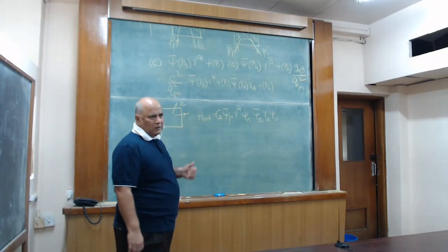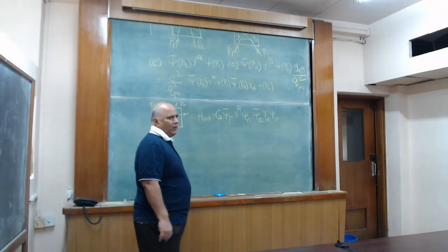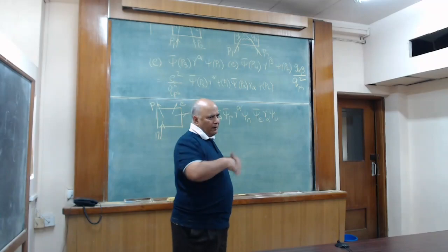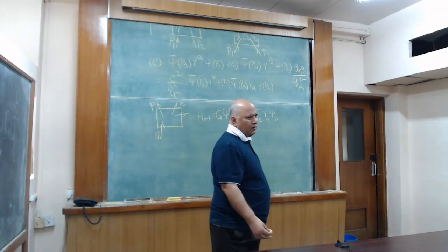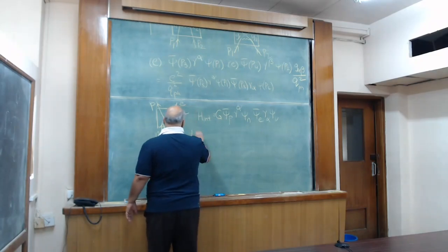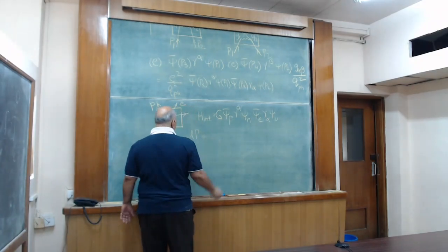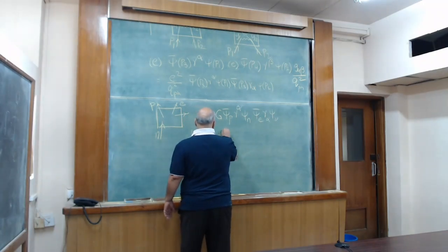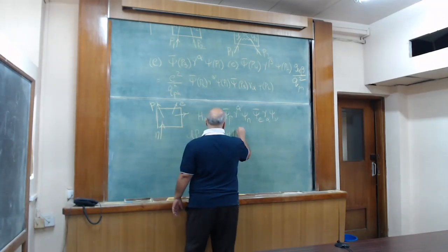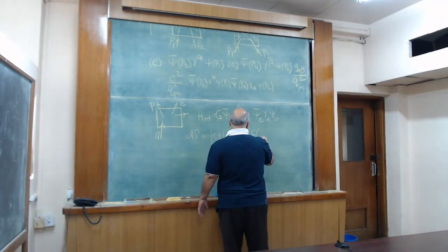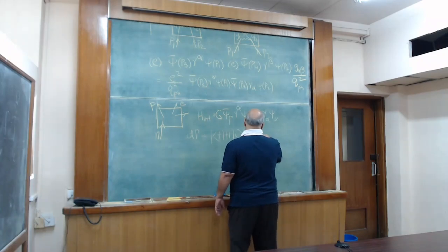So this is the Hamiltonian Fermi wrote down, and he applied the rules of quantum field theory. There is the famous Fermi golden rule, which is |final state H initial state| squared times delta of E final minus E initial.